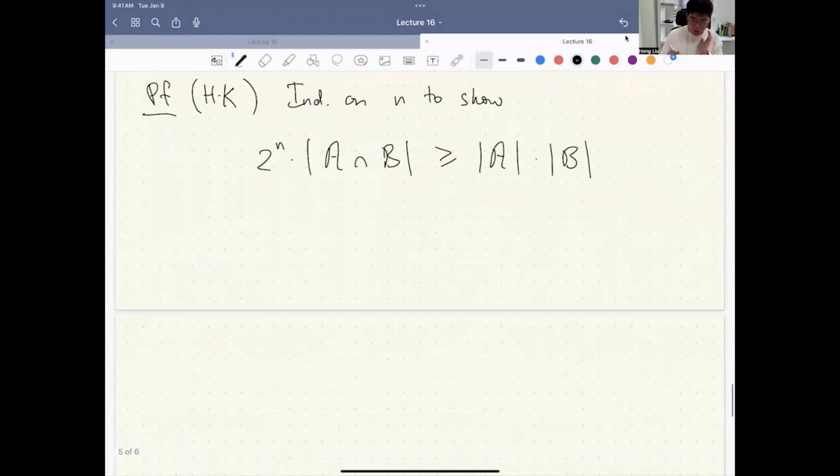Okay, so how we're going to do this is partition A and B into two parts so we can reduce n. How do we get rid of n? We're going to focus on the first n-1 coordinates.